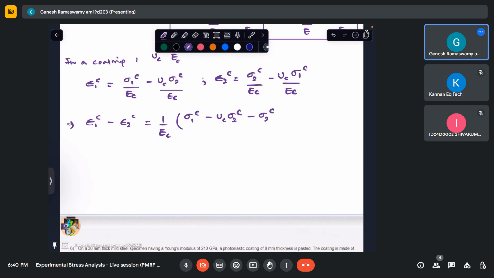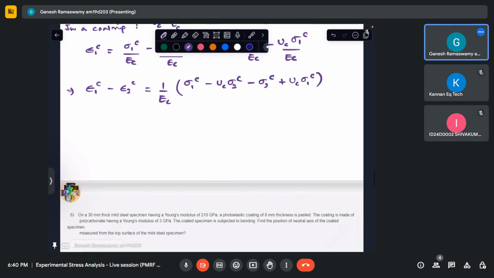If I take sigma 1c common and sigma 2c common, everything inside the bracket will be positive, with 1 plus mu c.